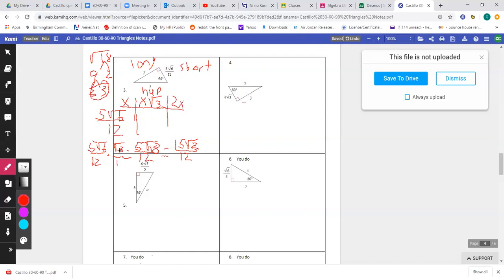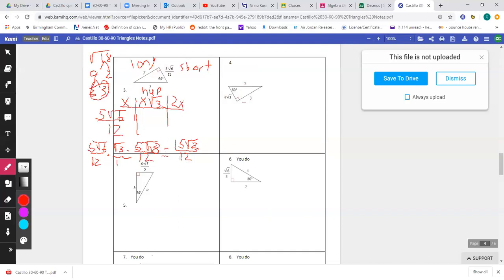I multiply root 6 and root 3, and I get root 18. Root 18 can still be simplified by doing the factor tree. When you do the factor tree, you circle the 3, and your 2 is left out. So you could pull the 3 on the outside, but there's a 5 already here, so it becomes 15 root 2 over 12.